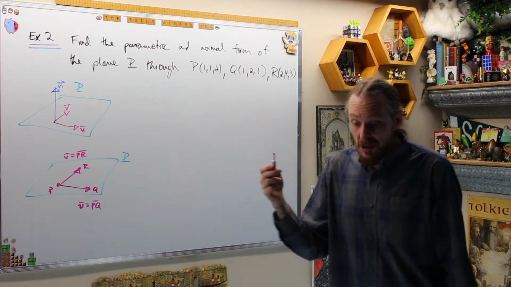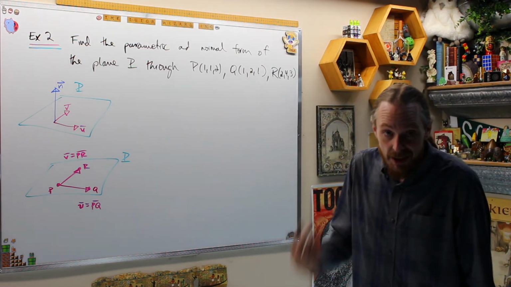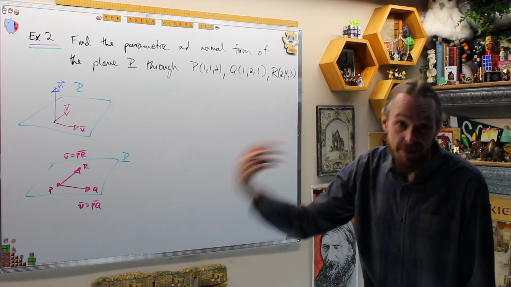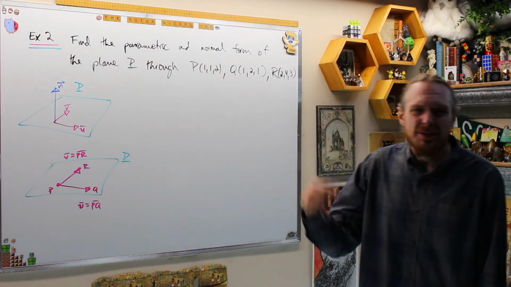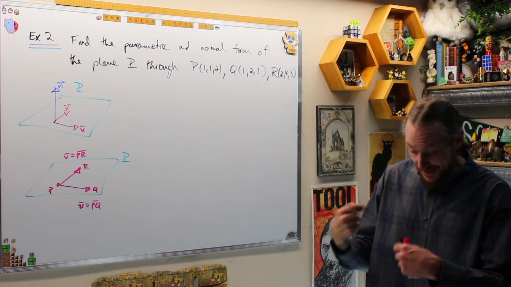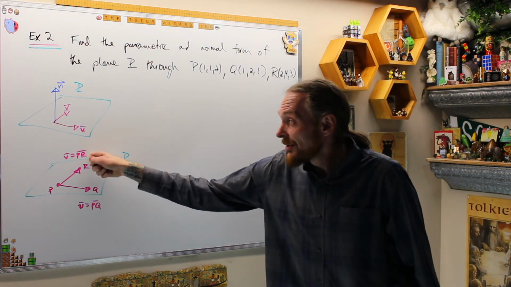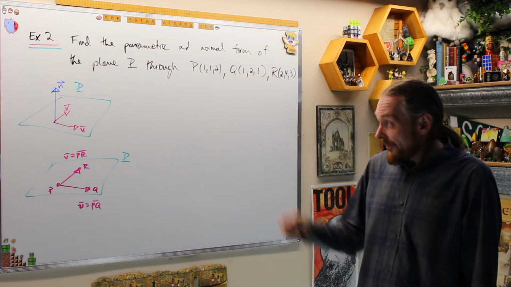Then I have 2 vectors. What do I need to build equations of planes? I need a point, which I'm flush with, 3 of them, and then from those 3 points I can create 2 vectors. I need 2 vectors and a point always to create any one of these forms. For the parametric, I need those specific 2 vectors and any one of these points, and I can immediately build the parametric form of the plane.